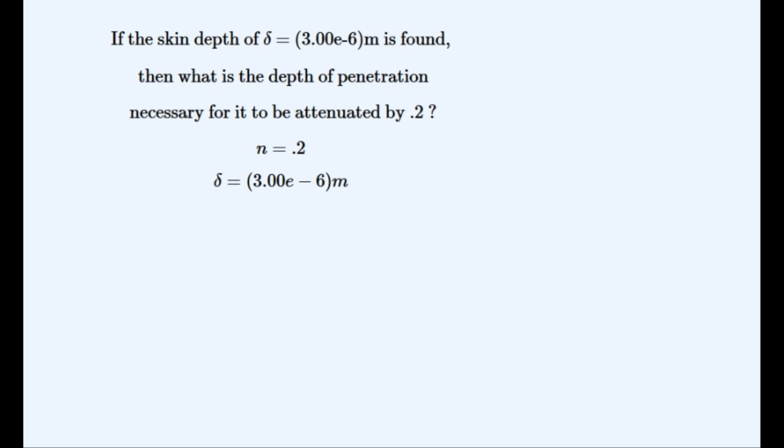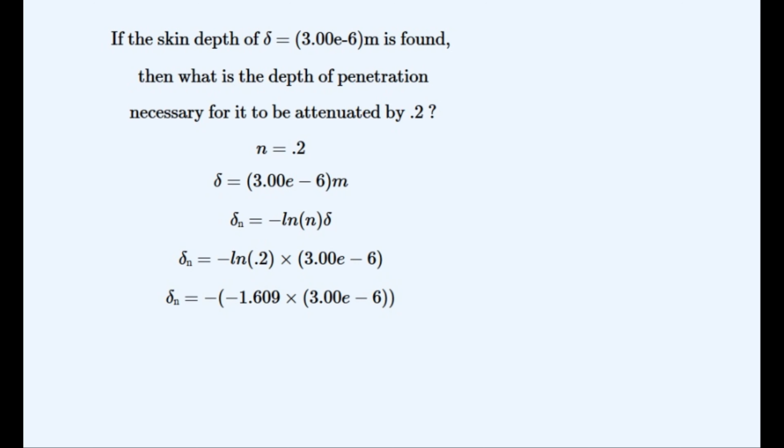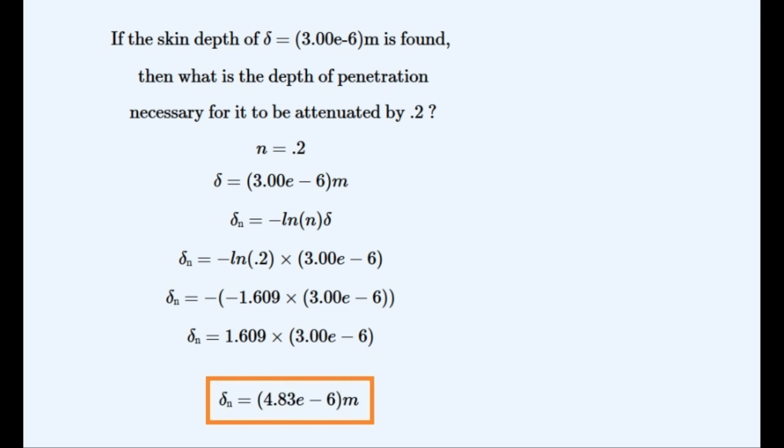These are the only ones we'll need, and we'll use this equation here that we've derived earlier, and we'll substitute all of the values in. When we evaluate the logarithm we get a negative number because 0.2 is less than 1. This is cancelled out by the other negative sign in front of the function, and so we get this answer, which is fairly close to the skin depth.